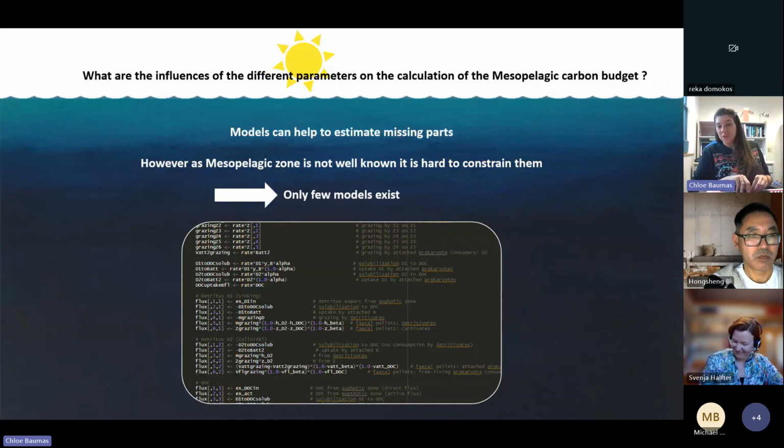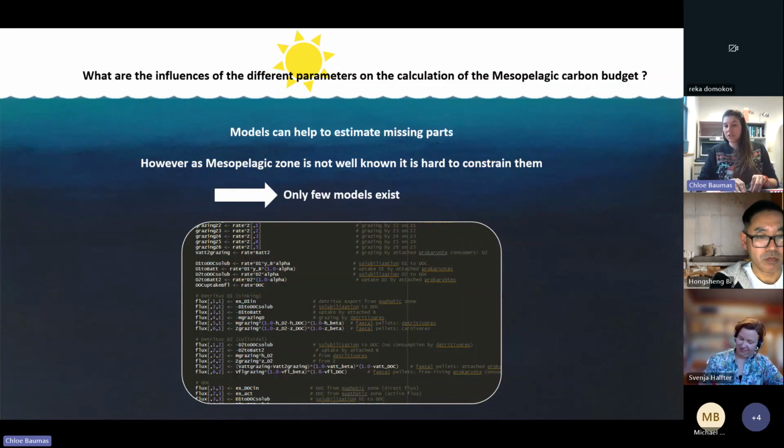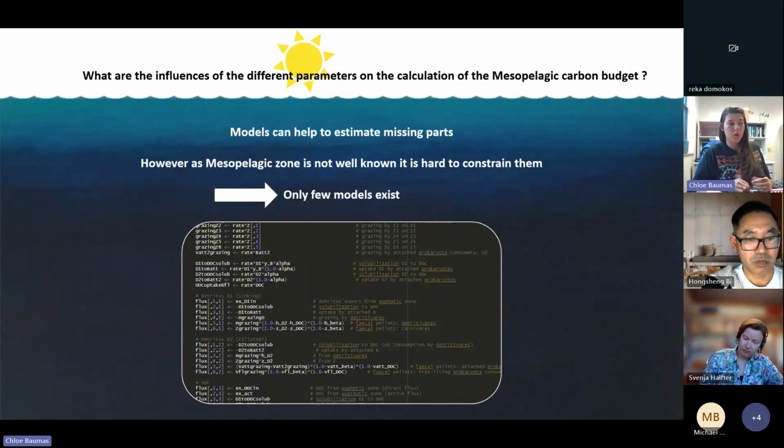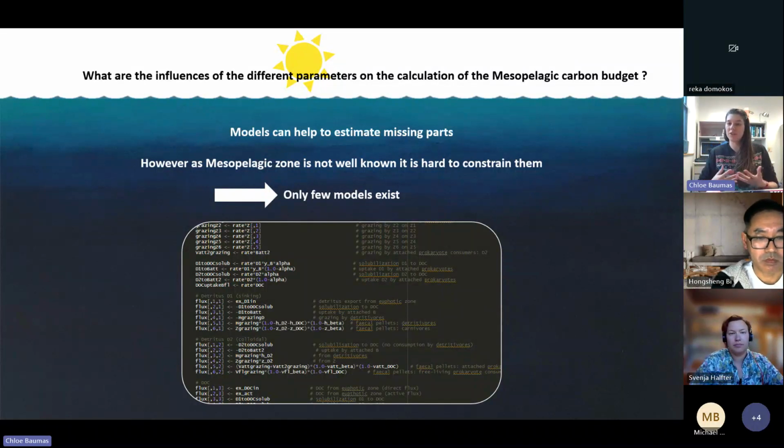In parallel, there is another approach to estimate carbon budget. It's the modelization. However, since we know very little about how the biological carbon pump works in the mesopelagic zone, models are difficult to constrain.